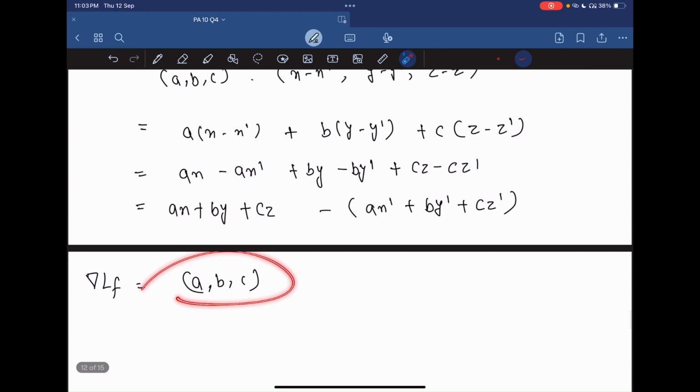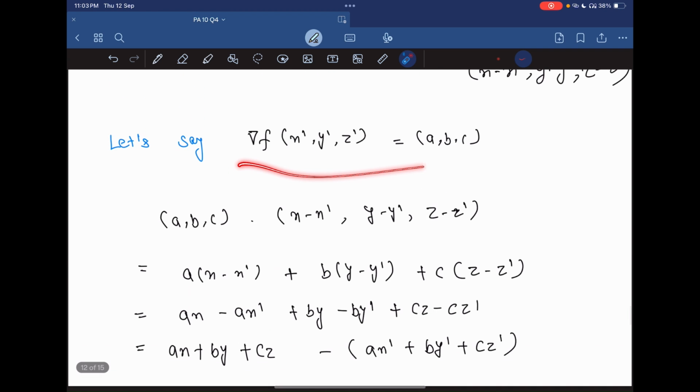And notice that this is actually the gradient of the function at that point. That means if we have any function and we want to find the gradient of the linear approximation of the function at some point, that is the same as the gradient of the function at that point.